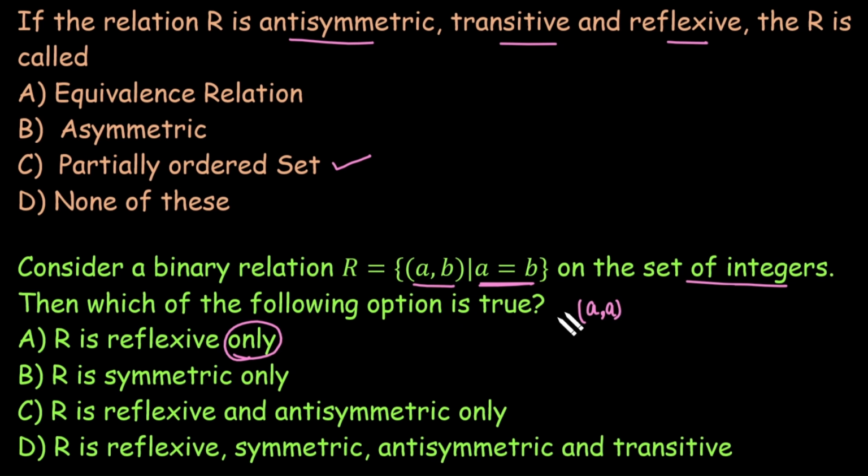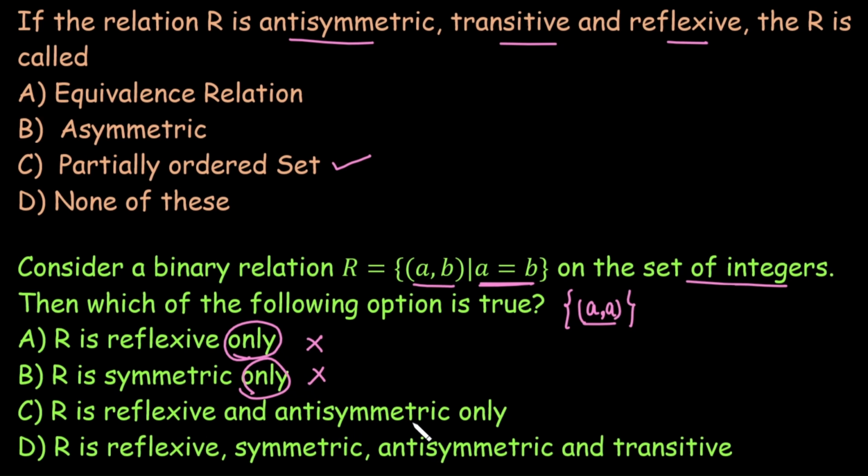No, because the elements of this form in a set are also symmetric. How symmetric? Because its reverse is itself. So it is also symmetric, not only reflexive. So even the A and B option is discarded because here it is mentioned as only.